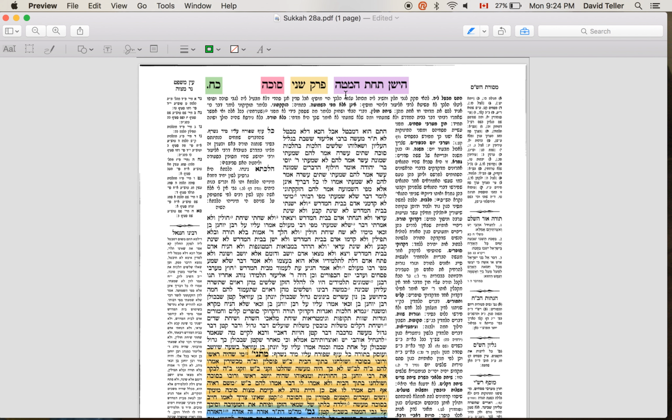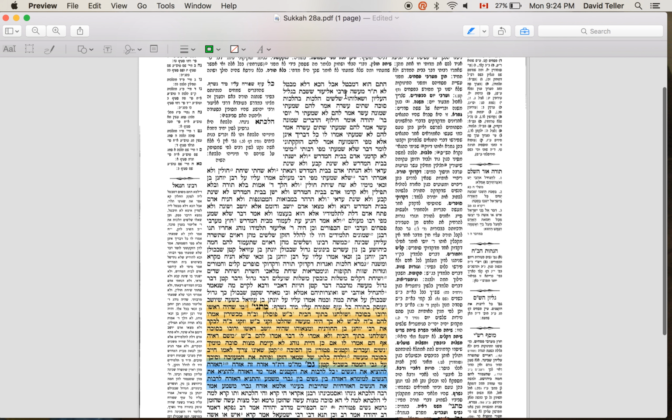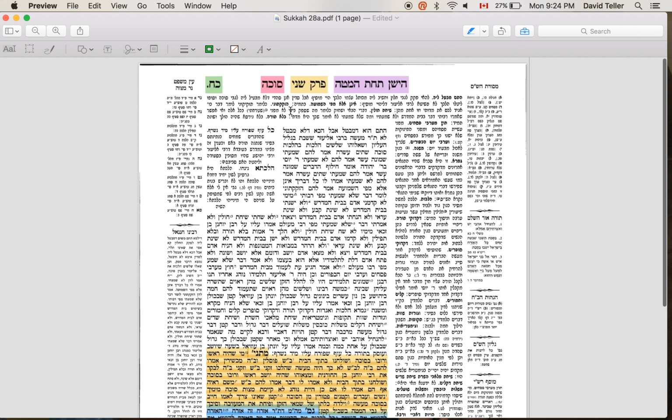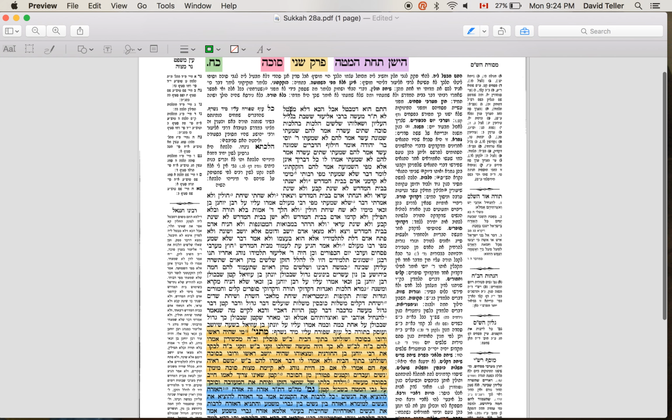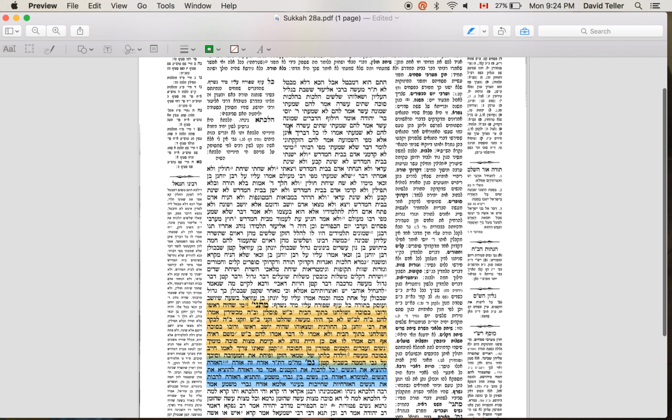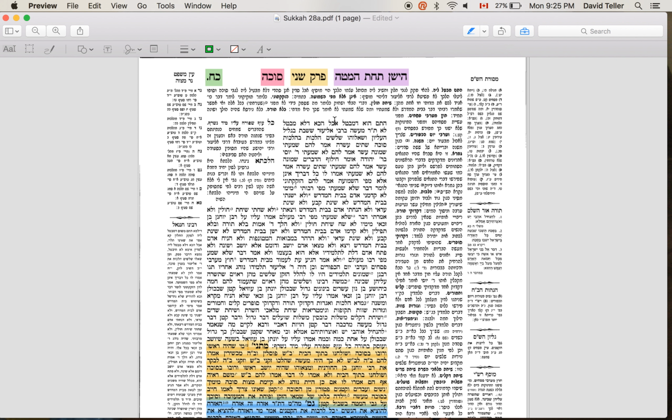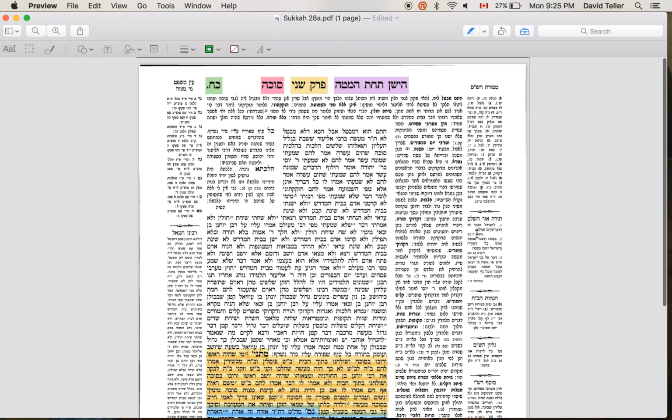Excellent. Okay, so these are the most important things that I wanted to focus on a page of Gemara. In a later edition of this, we'll talk also about some of the commentary, right? The Mishnah and the Gemara is all in this center area over here. And streaming on both sides of the text of the Gemara are commentary. All of this is commentary, different Rishonim, which we'll talk about in some of our videos.